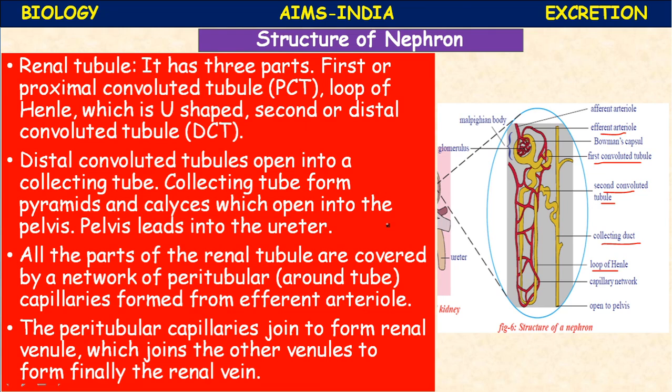The peritubular capillaries join to form the renal venule, which joins the other venules to finally form the renal vein. The renal vein is not mentioned in this figure.